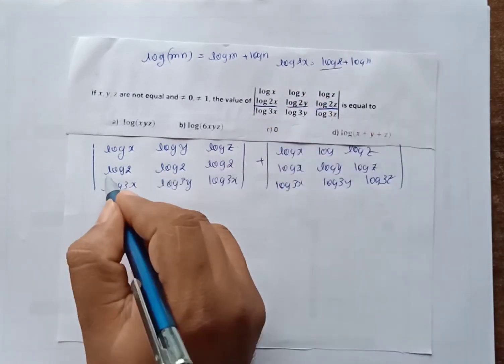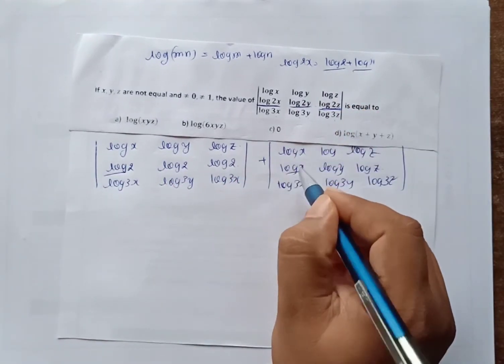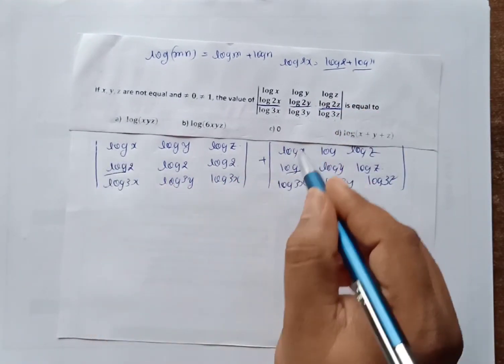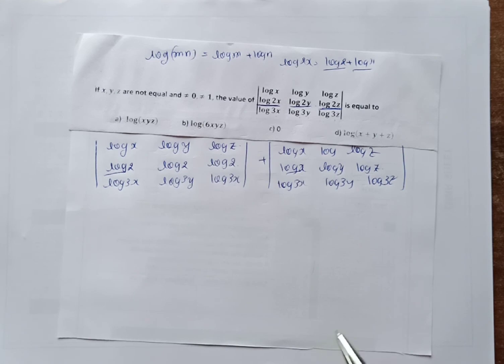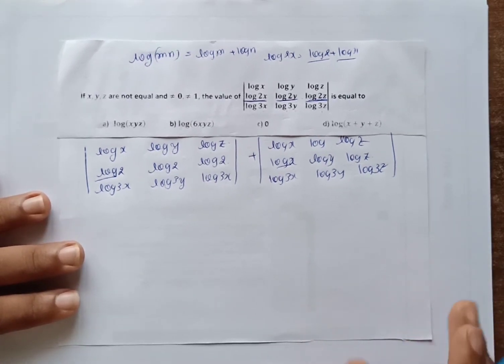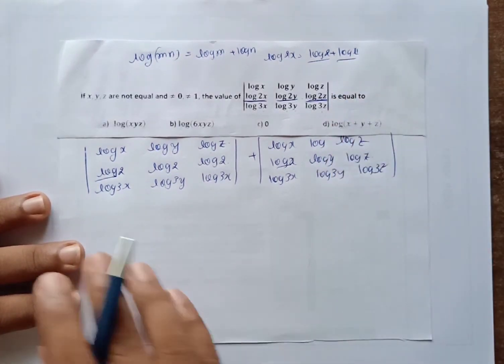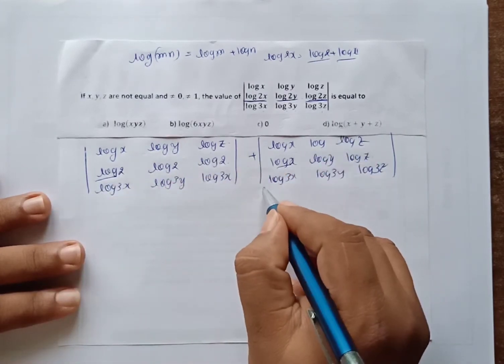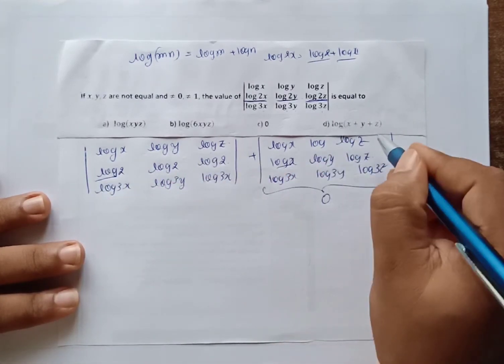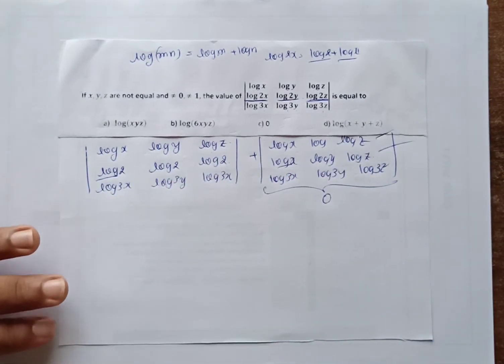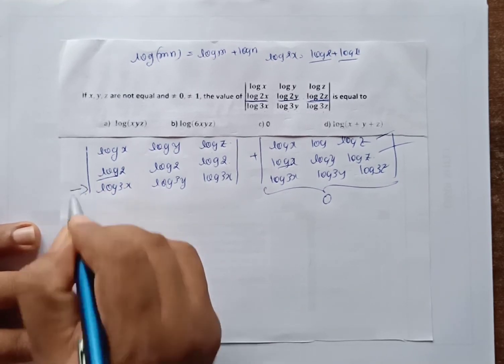So this log 2 we can write here, log x we can write here. Then R1 and R2 in both the determinants are the same. This is one of the properties of determinants. But observe, this determinant is 0 because R1 and R2 are identical. Now just go for R3.